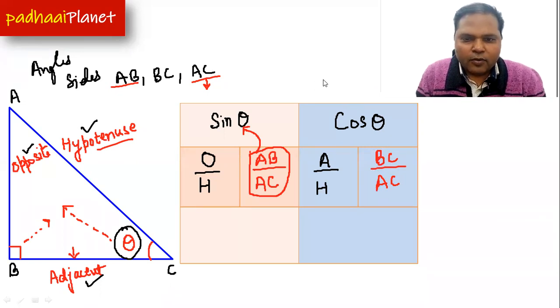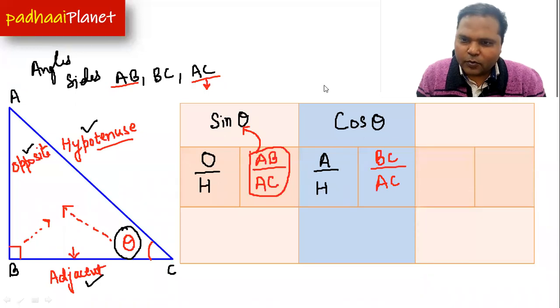Similarly, now we will be moving ahead to the third one, and the third one is called tan theta, right? So this is tan theta. Now what is tan theta?